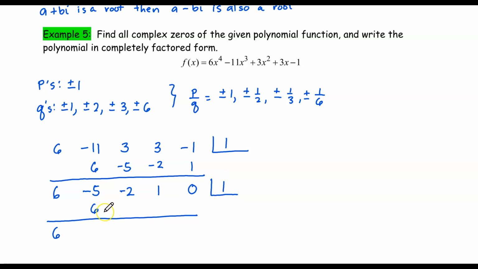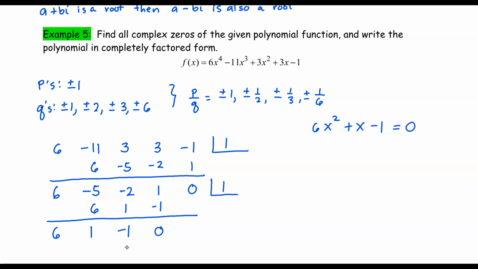Negative 5 plus 6 is positive 1, times 1 is 1. Negative 2 plus 1 is negative 1, times 1 is negative 1, giving 0. Now here we have 6x squared plus x minus 1 equals 0. That's the quadratic factor.